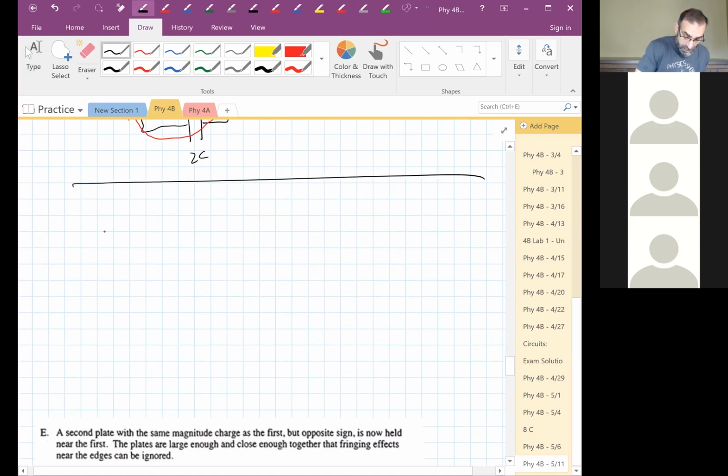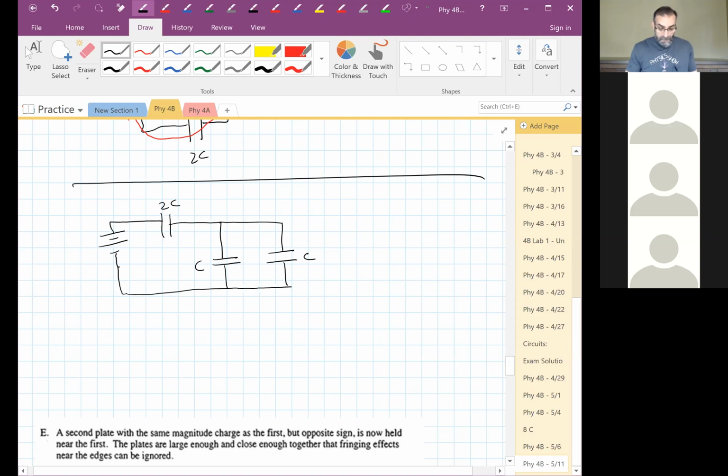Let's do this circuit. All right, so what's the thought process on this one?